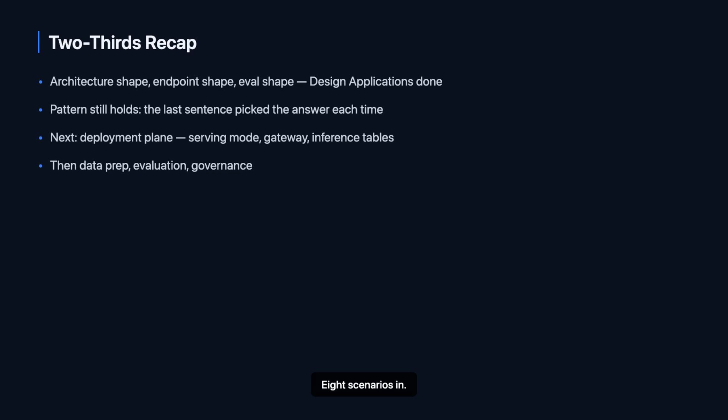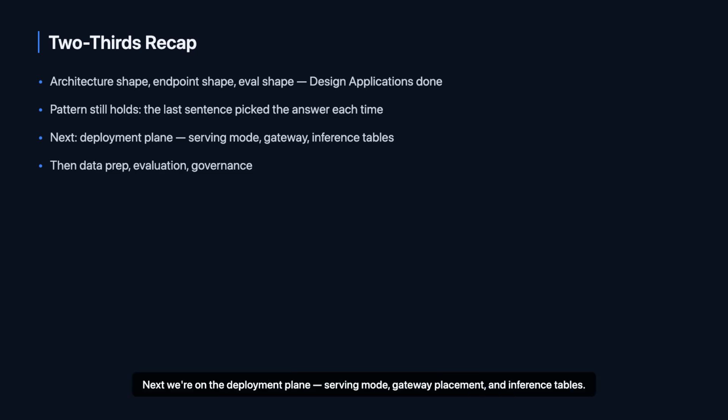With 8 scenarios in architecture shape, endpoint shape, and eval shape, design applications is closed. Notice the pattern still holds. The last sentence picked the answer each time. Next we're on the deployment plane: serving mode, gateway placement, and inference tables. Then data preparation, the evaluation scorer call, and we close on governance.